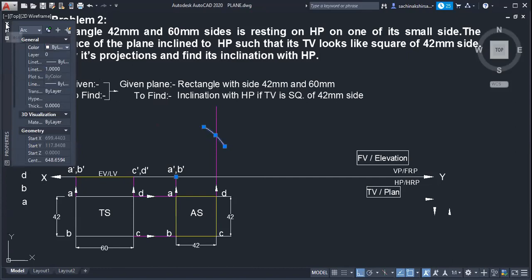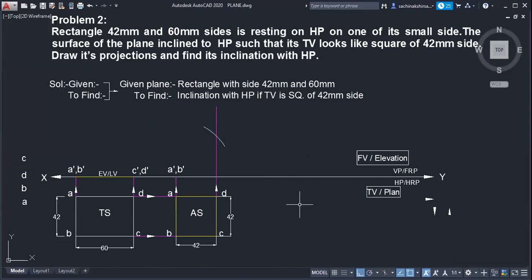Now what you have to do? Simply join that point A dash B dash to C dash D dash. You can give a name to the point we got, and join C dash D dash.